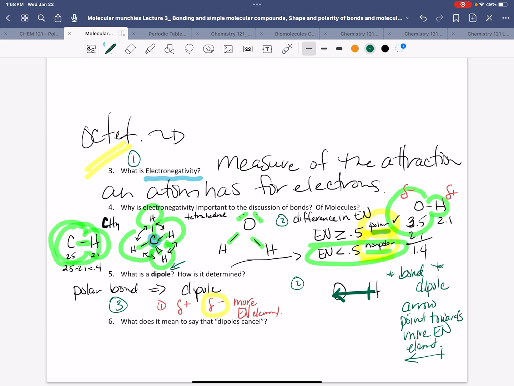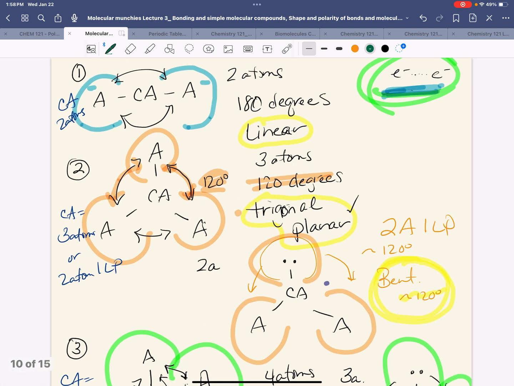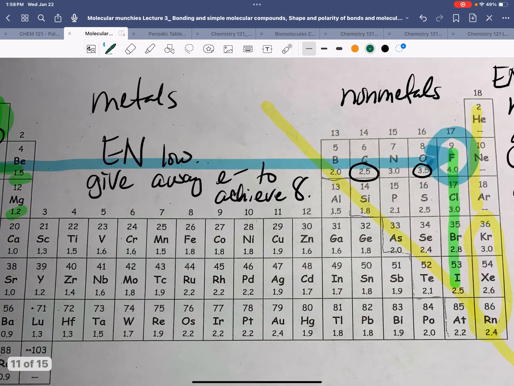Okay, so 3 things. The next piece of this is putting this all together in the 3-dimensional space of these molecules. So we're going to talk about those 2 molecules that we just did, and we'll add another. I drew out methane for you, CH4.